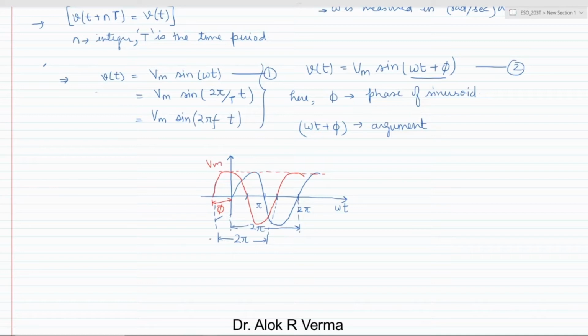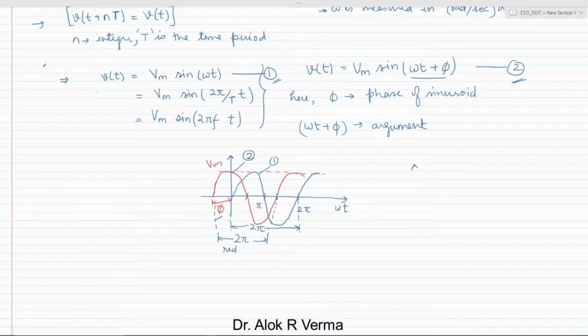This is for blue, this is for red signal, which is 2, and this is for 1, which is this signal. So these are the two waveforms. Now what we see from here is some phase difference. I mean, there are two sinusoids which are shifted, and that shift is nothing but the phase.